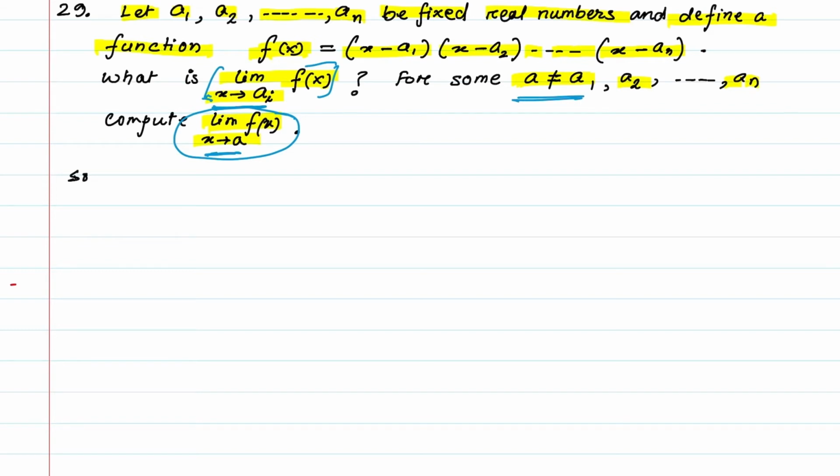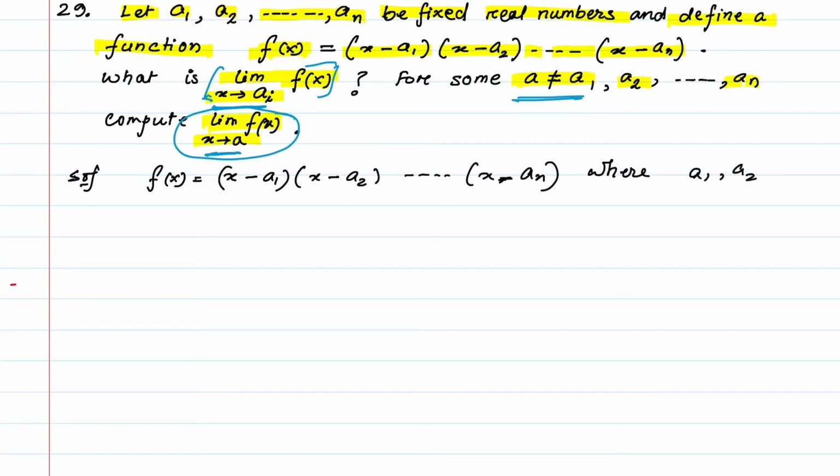Okay, so here the function is f of x is equal to x minus a1 into x minus a2 into dot dot dot x minus an, where a1, a2, and so on up to an are real numbers.